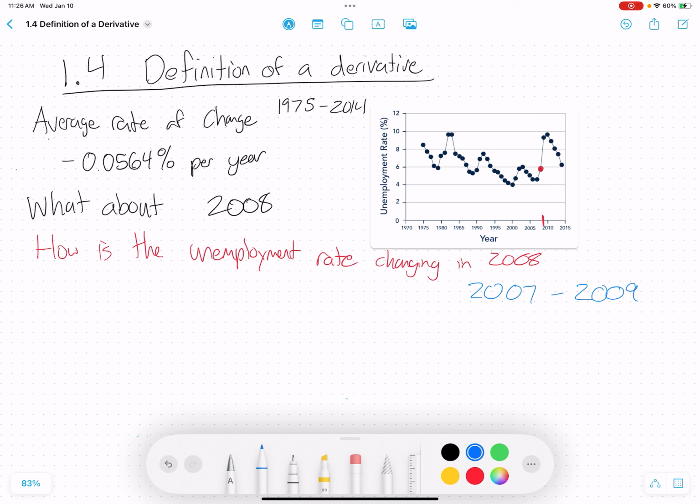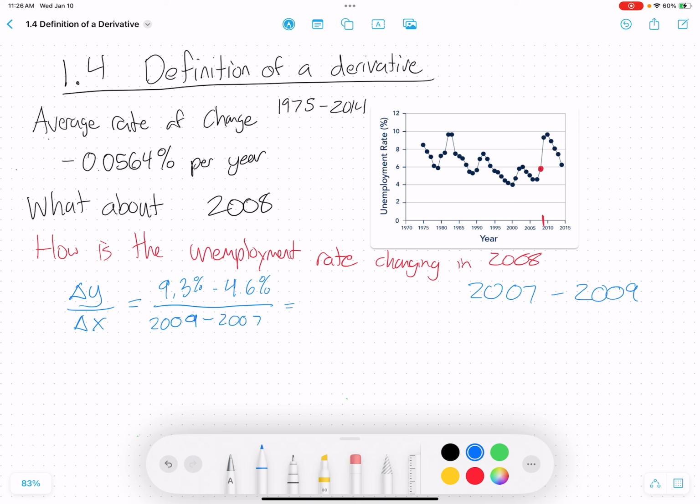And so then I could calculate my average rate of change, right? I could do change in Y over change in X. My change in X is just 2009 minus 2007. In 2009, my unemployment's about 9.3%, and in 2007, my unemployment's about 4.6%.